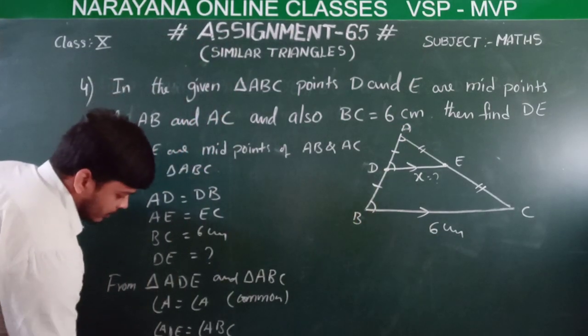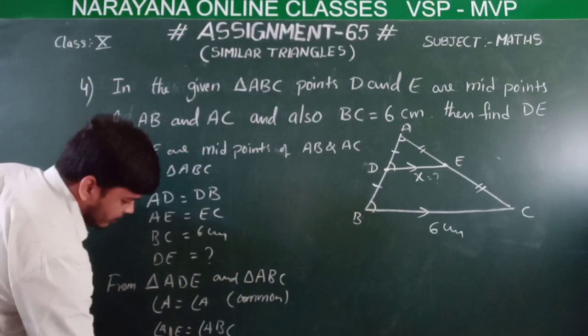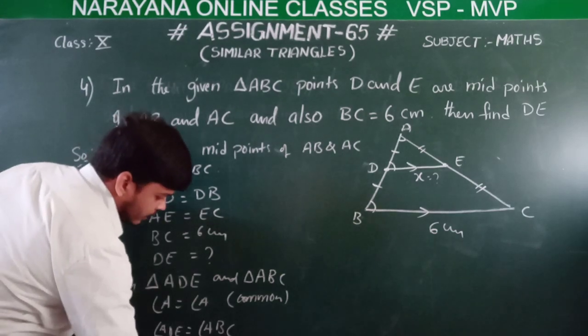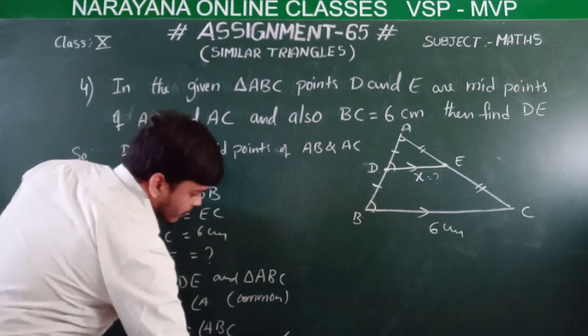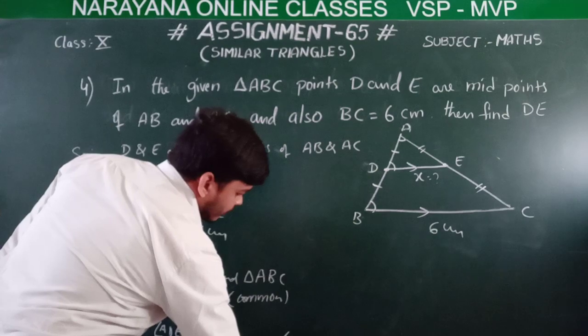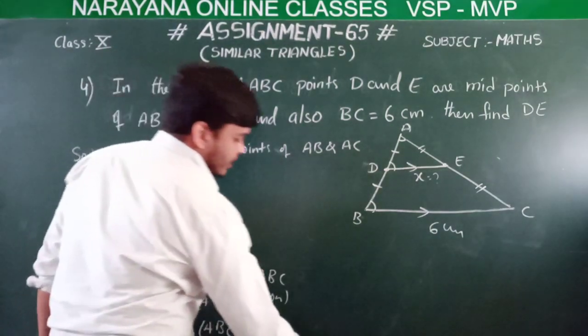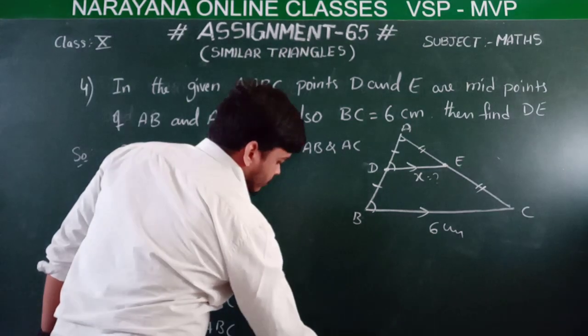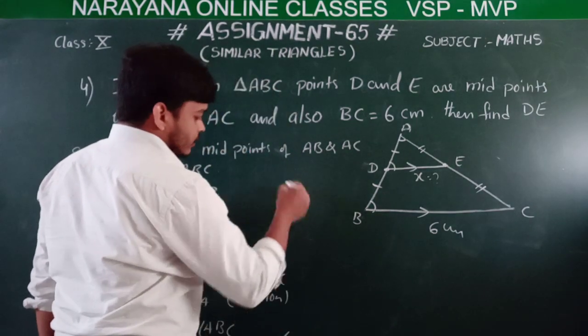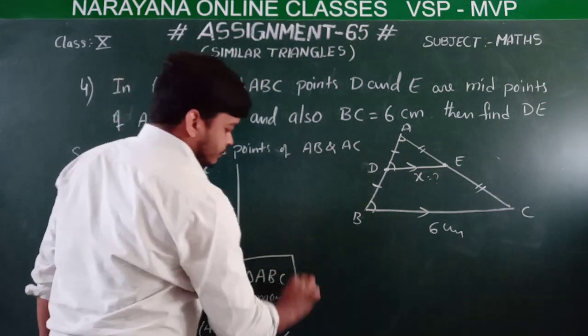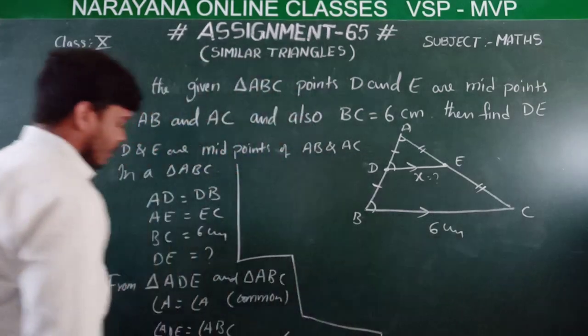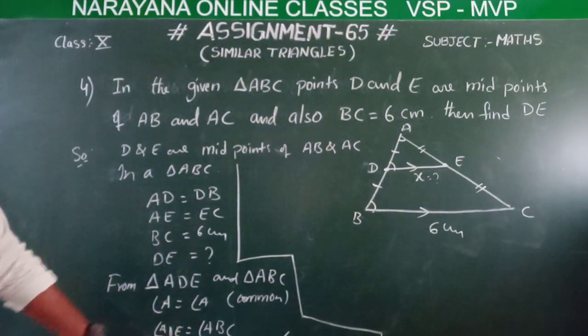Therefore triangle ADE is similar to triangle ABC. By which criterion are we taking? By AA similarity, means angle similarity. See children, angle similarity.